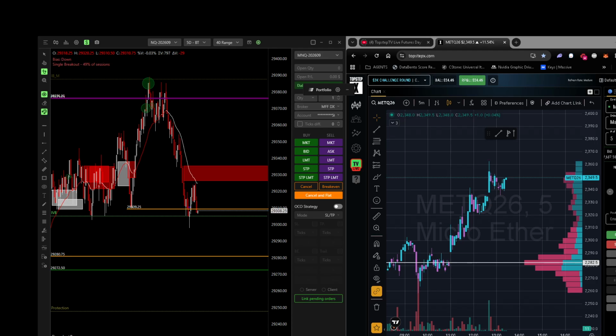Now we're making our way back down to retest. Also coming back down to this support line for a second test where sellers were absorbed and aggressive buyers also stepped in. So this is the zone.